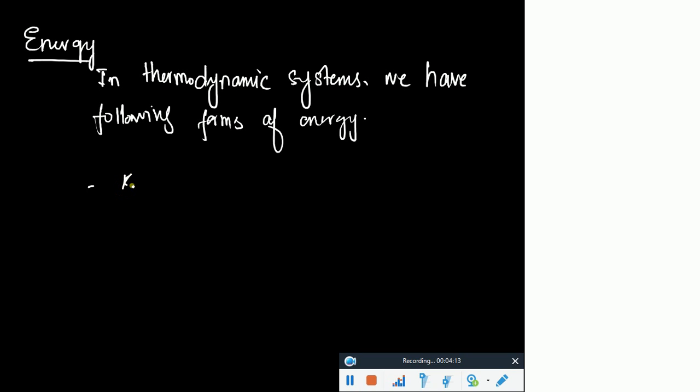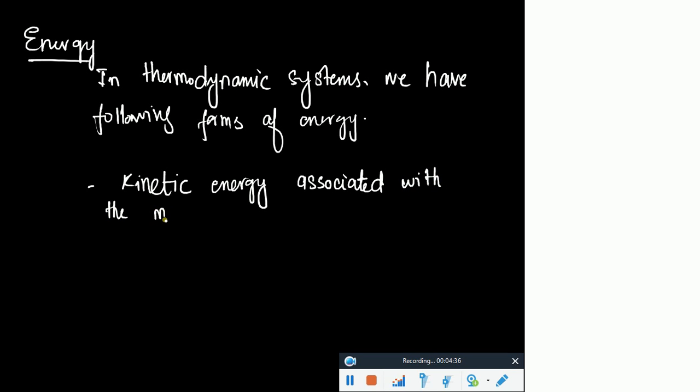So this is something which is kinetic energy, that is associated with the motion of the system as a whole.